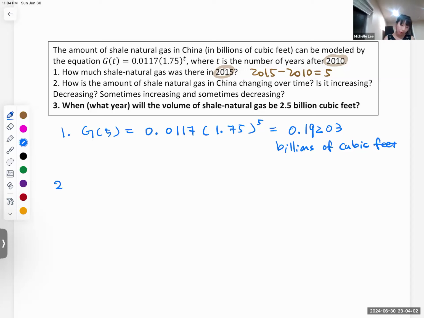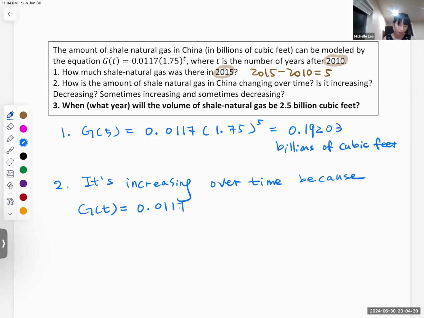Okay, number two. How is the amount of shale natural gas in China changing over time? Is it increasing? It's increasing over time, right? Because we have g of t equal to 0.0117 times 1.75 to the t.